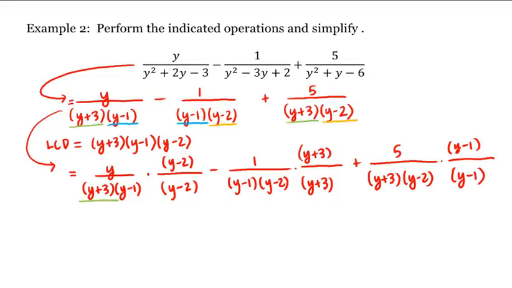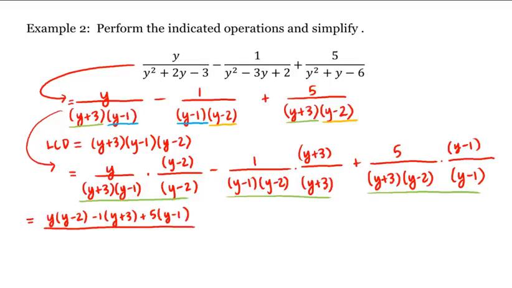Again, by commutativity, these denominators are all equal, which means we can combine these into one fraction now. In other words, this is equal to y times y minus 2 minus 1 times y plus 3 plus 5 times y minus 1, all divided by y plus 3 times y minus 1 times y minus 2.